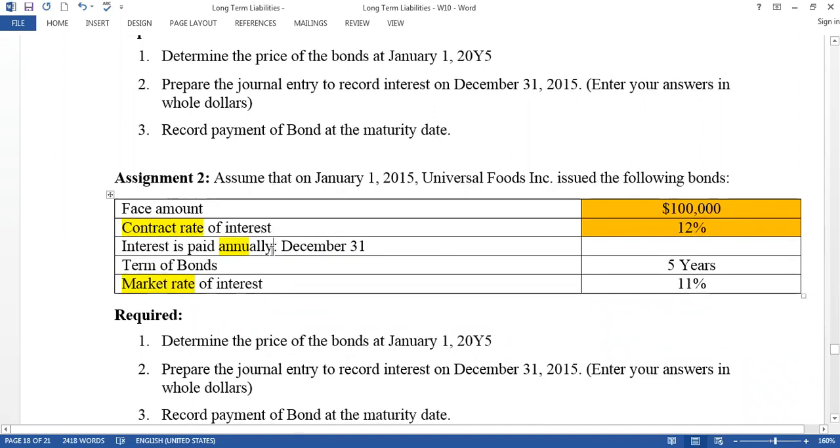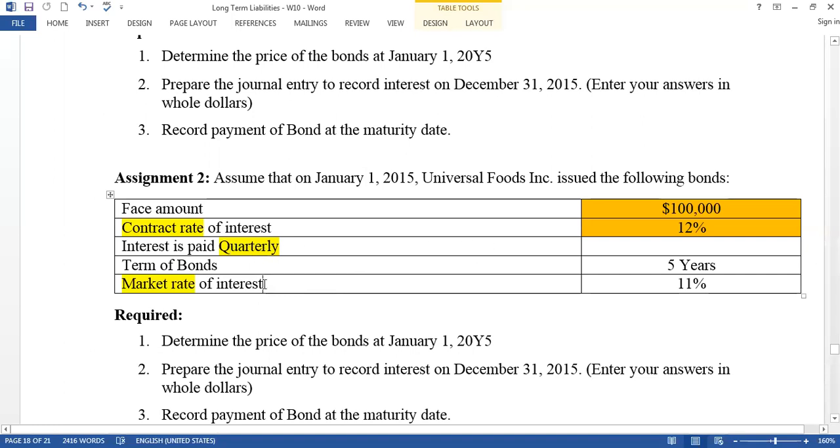Interest is paid quarterly. So what is the meaning of quarterly? 4 times, right? When? March 31st, June 30, September 30, then December 31st.